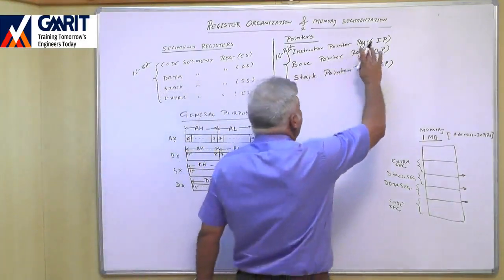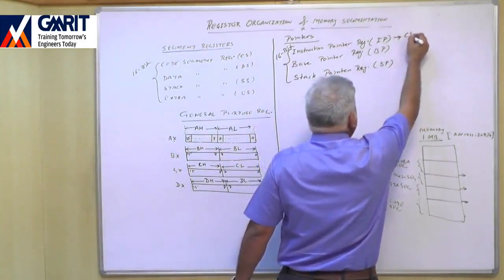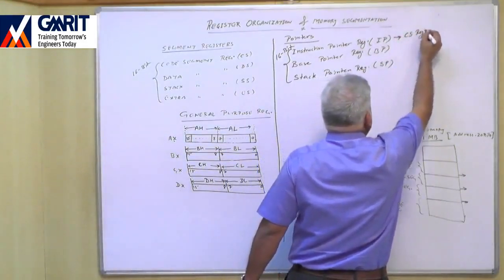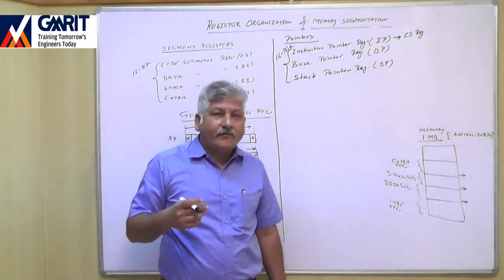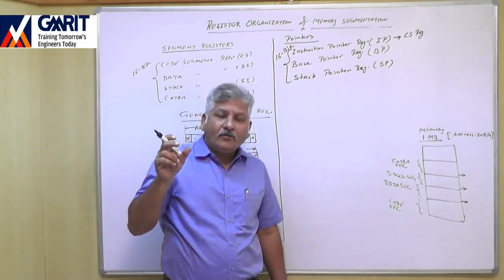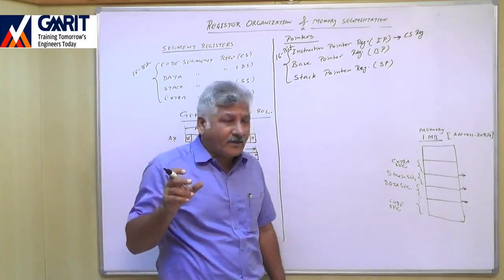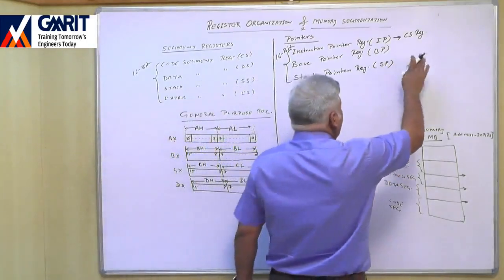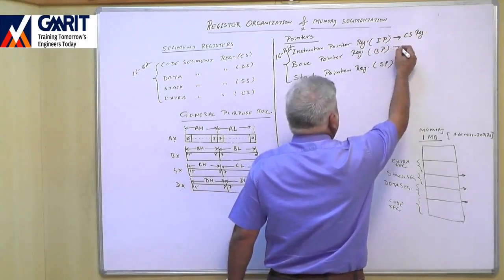So instruction pointer is associated with the CS register, the code segment register, to find out the physical address of our program code, where it is stored in the code segment. So it is always associated with code segment.